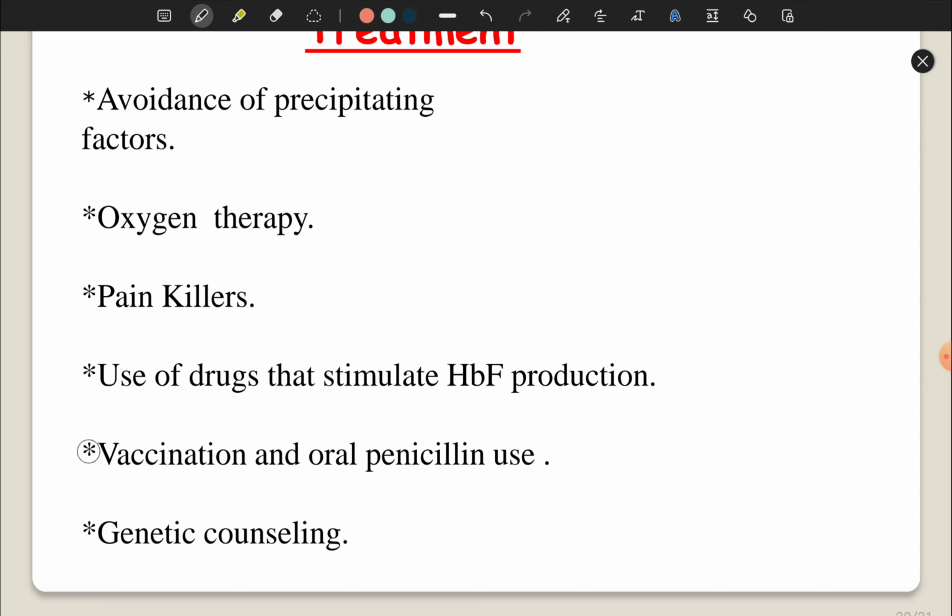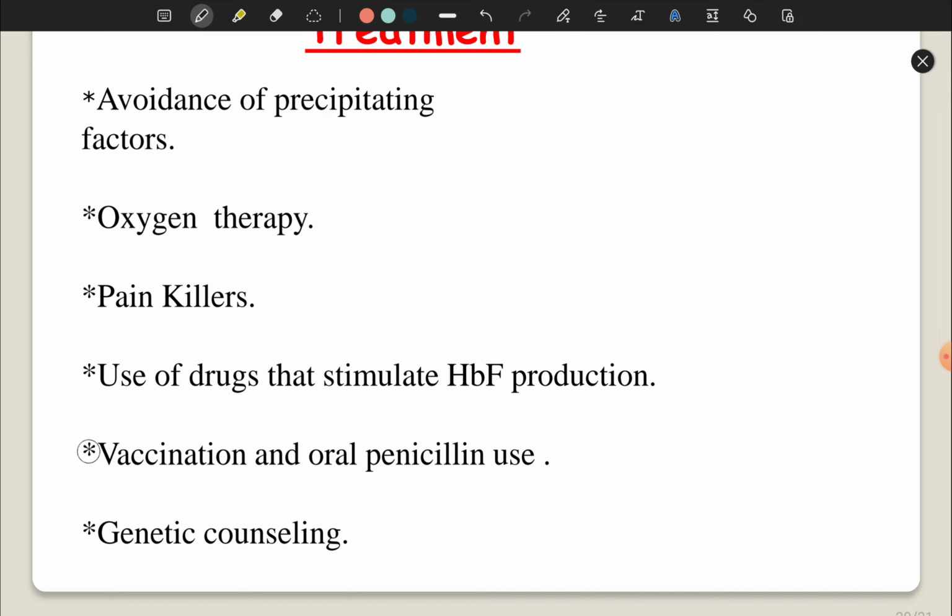I'm explaining the points to make them easy for you to memorize: vaccination and oral penicillin, because there's a high rate of autosplenectomy. The spleen is in its site, but it's not functioning, because there's occlusion of the blood vessels. That's why you need to put the case on a schedule of vaccination and oral penicillin.